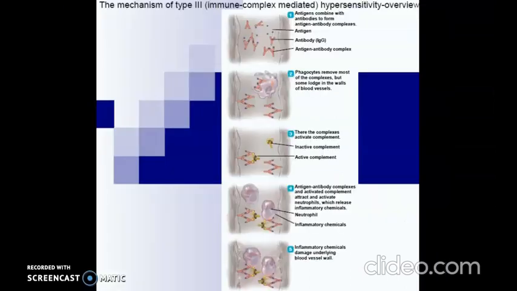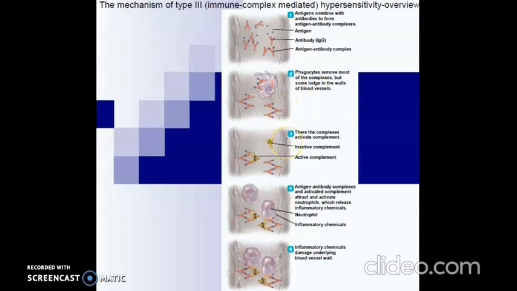Now let's see the overall mechanism of type 3 hypersensitivity reaction. In this image, you can see that the antigens combine with the antibodies to form antigen-antibody complexes. After that, phagocytes remove most of the complexes, but some lodge in the walls of the blood vessels.